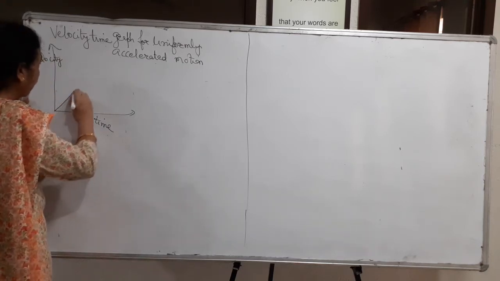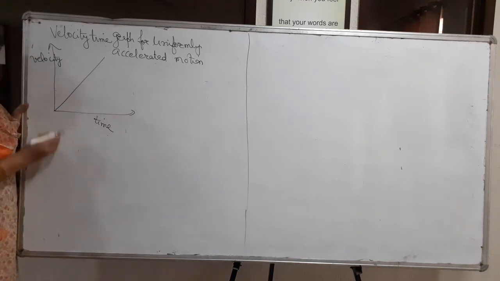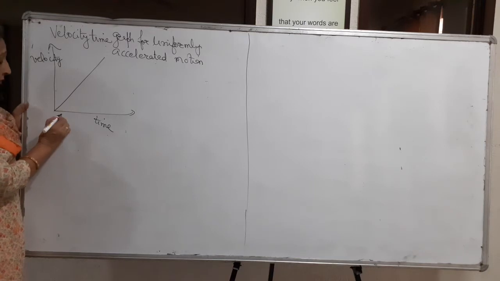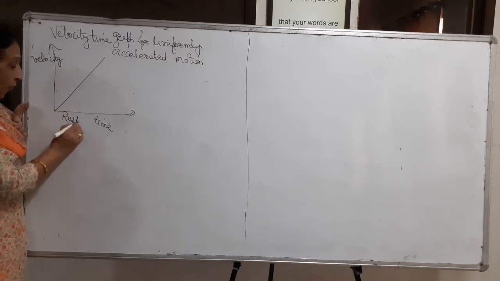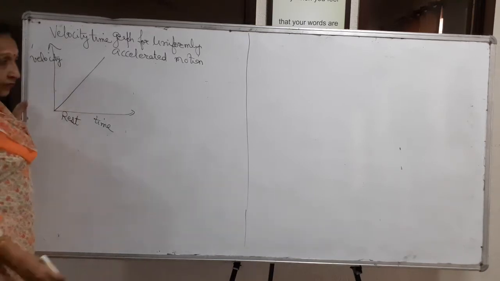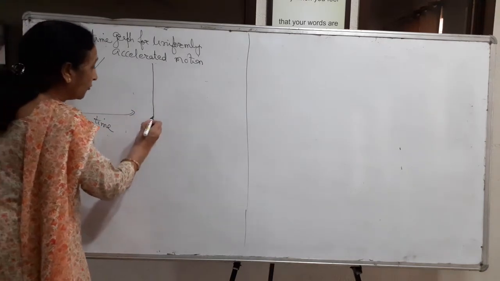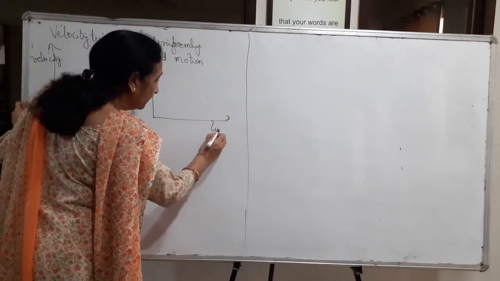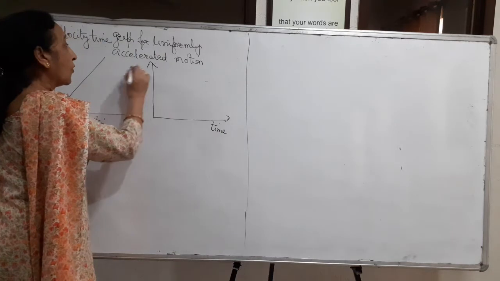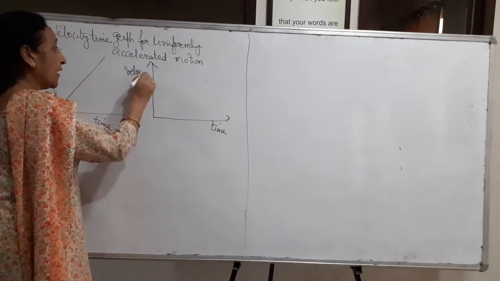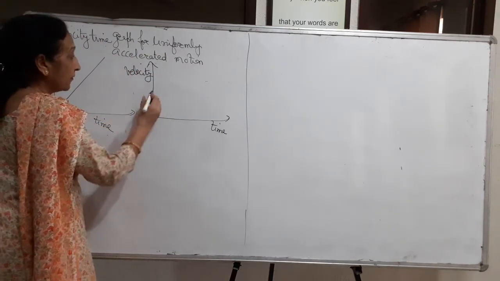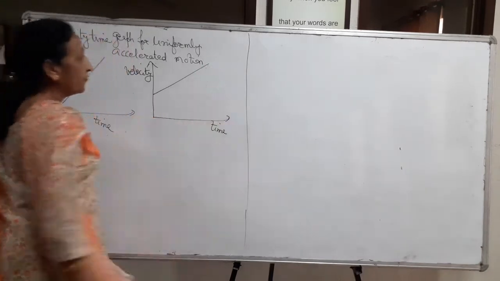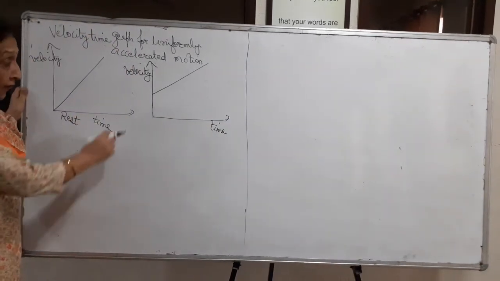With time velocity will change, so velocity is the dependent variable. Now the graph is a straight line passing through the origin. A graph passing through the origin means the body starts from rest. Now if you plot a graph between time and velocity, the graph can also be like this, having an intercept on the y-axis.